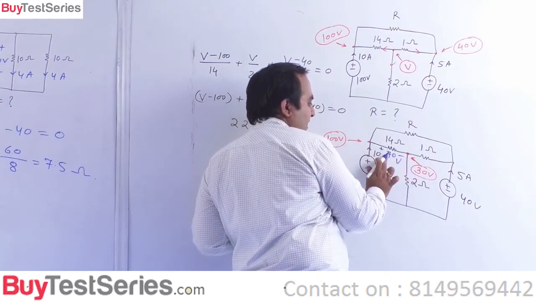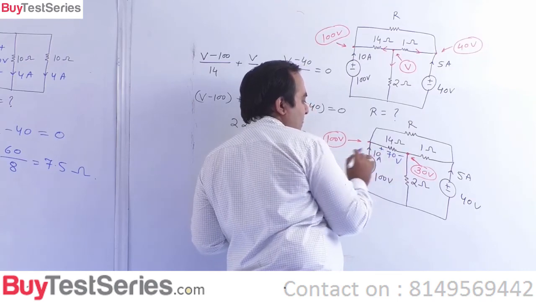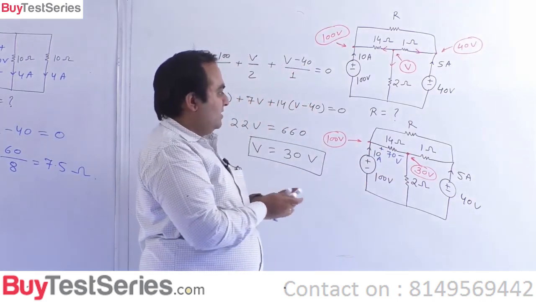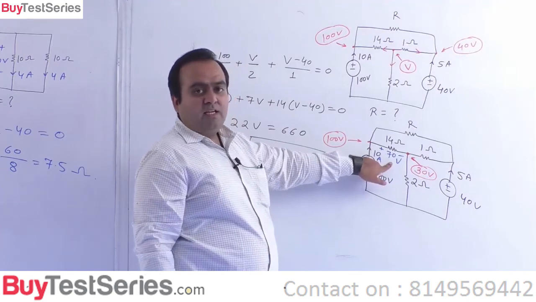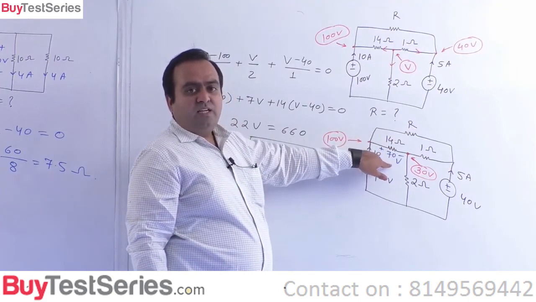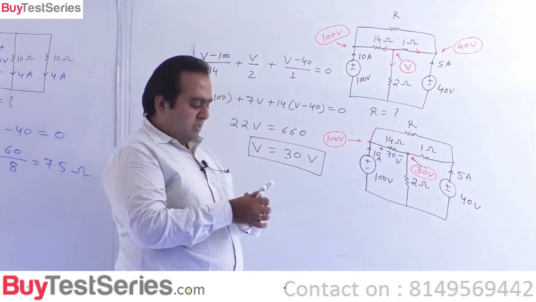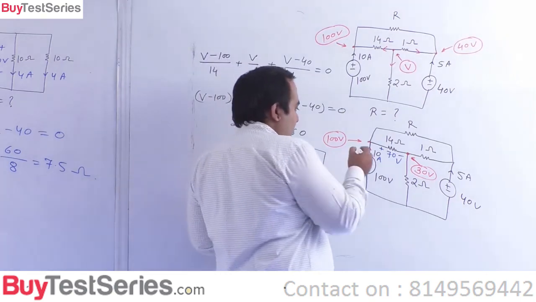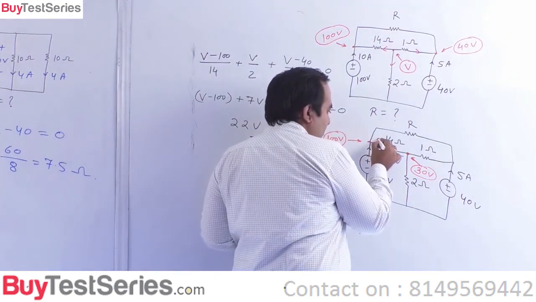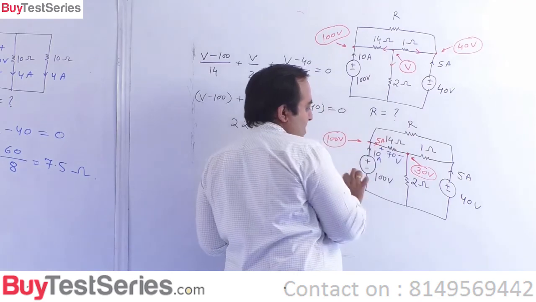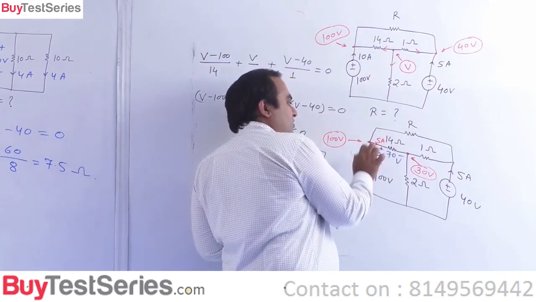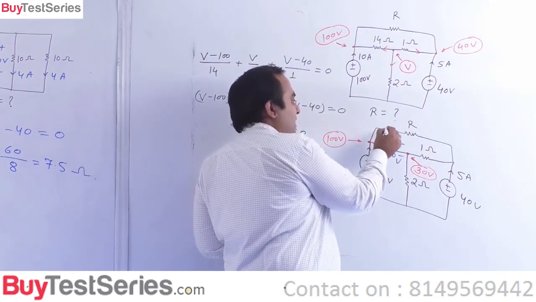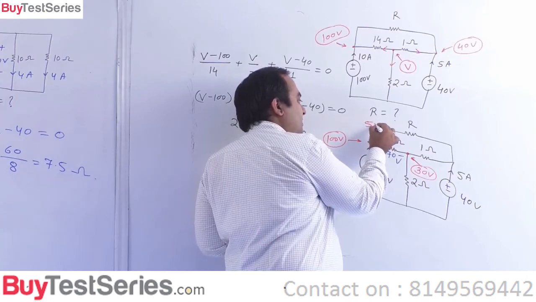So this has to be 70 here, right? This is 70 with this polarity. This is 14. So 70 divided by 14 comes out to be 5. So this branch current must be 5 amperes. So 10 amperes reaches at this node, out of which 5 goes that side. So 5 ampere must be this current.